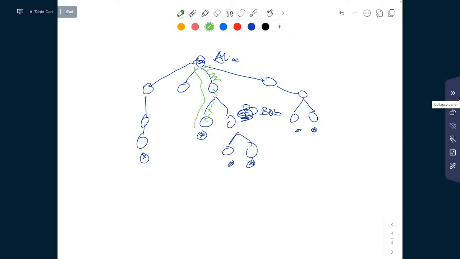And what is the role of B? Is B part of this? There will be a path, right? So this is basically coming at this level, and B can easily come to this level.